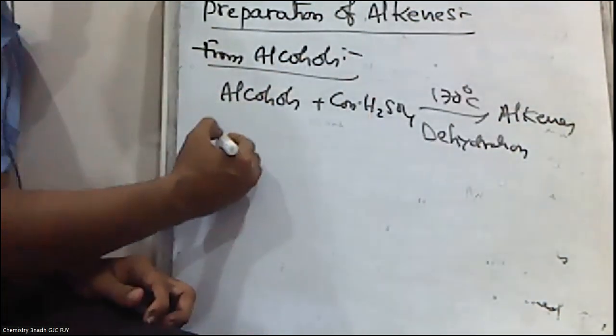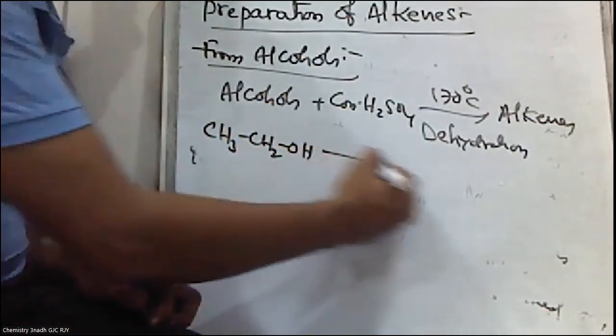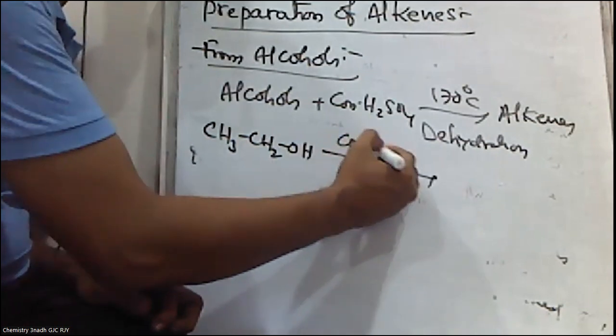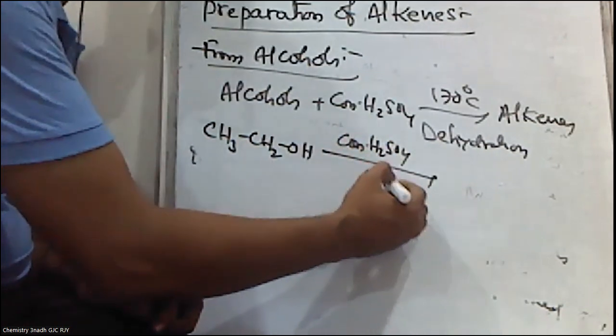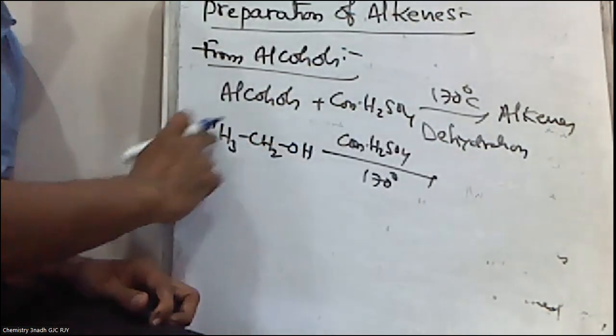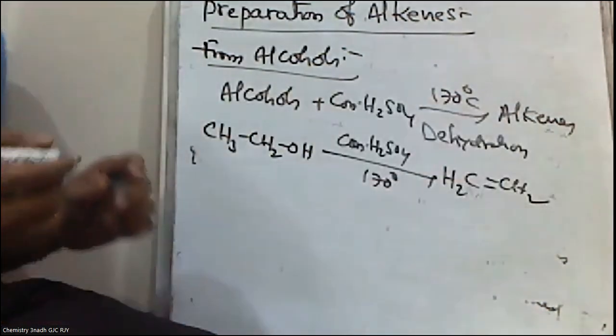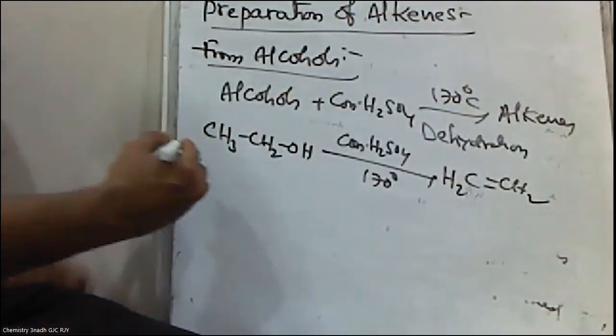For example, if you take CH3CH2OH and treat it with concentrated H2SO4 at 170 degrees centigrade, the OH group will be removed from this carbon, hydrogen will be removed from this carbon, and like this alkenes are formed.